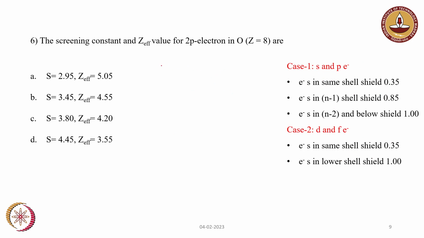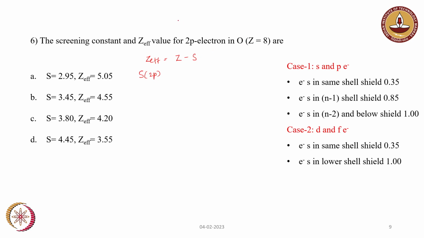So let's calculate the screening constant and effective Z value. Z effective is Z minus the screening constant. So we need to calculate the screening constant of 2p. To calculate it, first we need to know the electron configuration of oxygen.